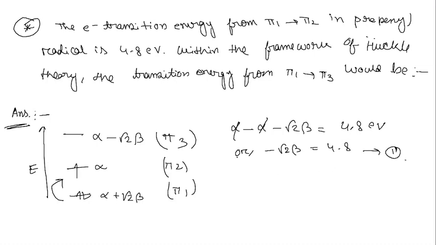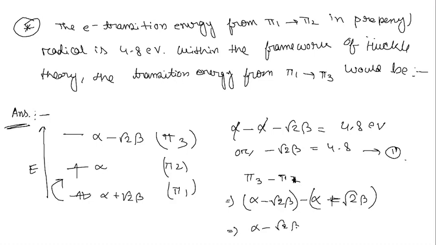Okay. Another thing is that now we have to calculate the transition energy from psi 1 to psi 3. So we have to calculate this thing, psi 3 minus psi 1, which is alpha plus root 2 beta minus alpha minus root 2 beta.